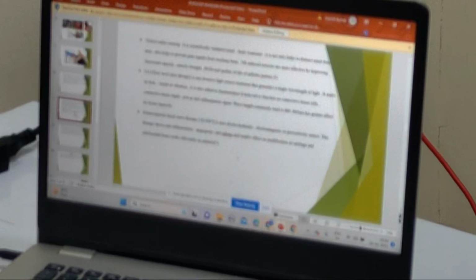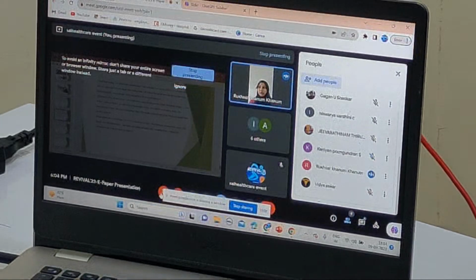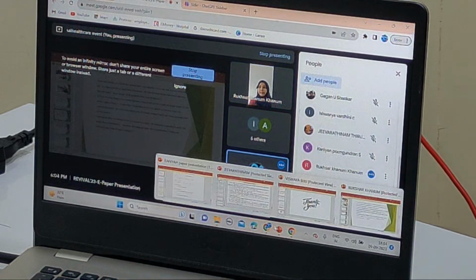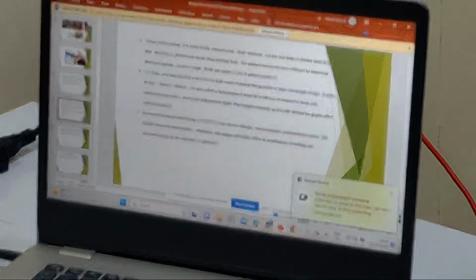As we saw in osteoarthritis, there will be degeneration of cartilage and formation of bone spurs. Low-level laser therapy also acts as an anti-inflammatory agent. The commonly used wavelength is 660 to 905 nanometers, and it has a greater effect on tissue repair.